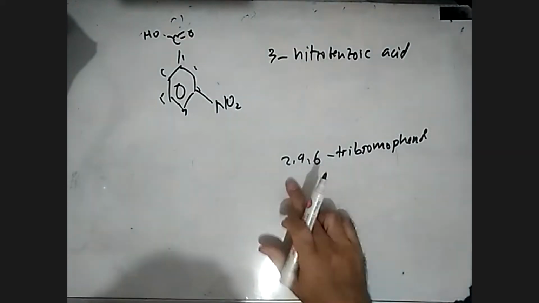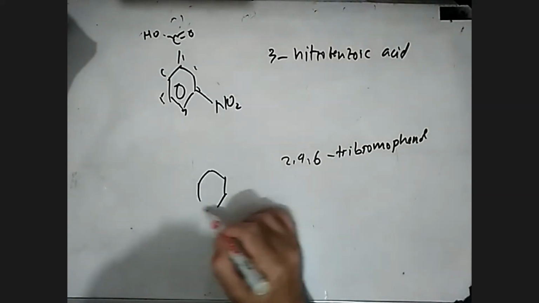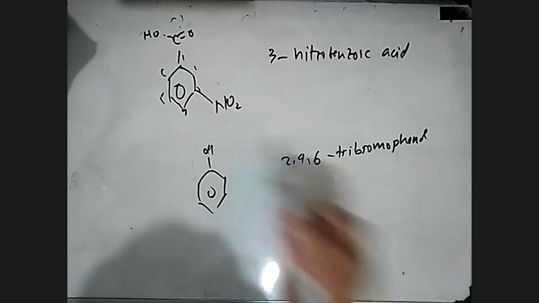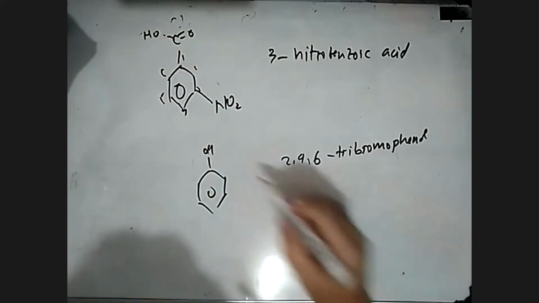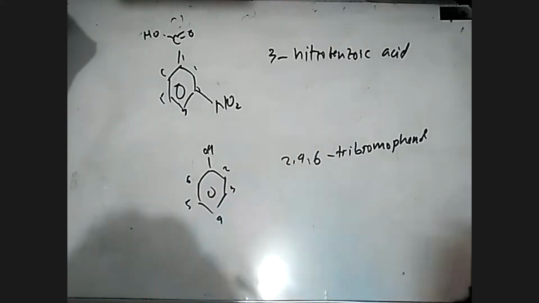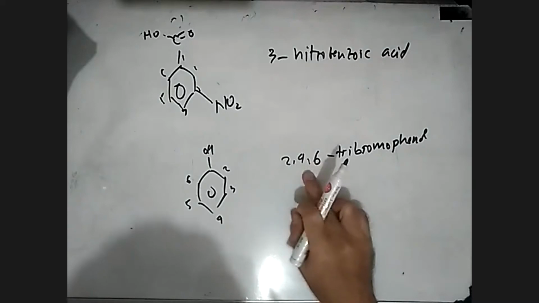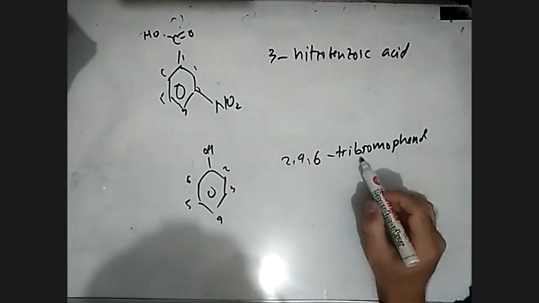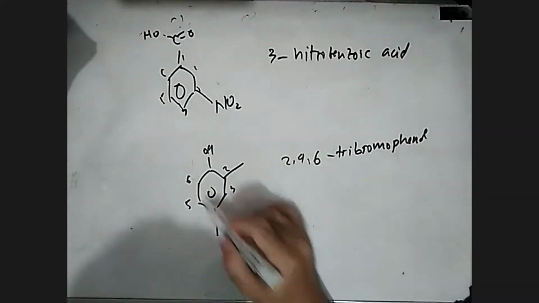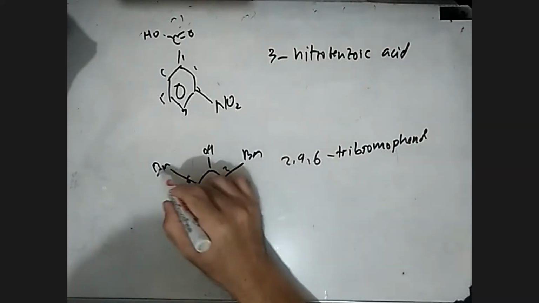Now about this, 2,4,6-tribromophenol. So we're going to have a phenol. Get the numbering here, 2, 3, 4, 5, 6. 2, 4, 6, we have bromo, 3 of them. So in position 2, 4, and 6, we are going to have bromo, bromo, and bromo.